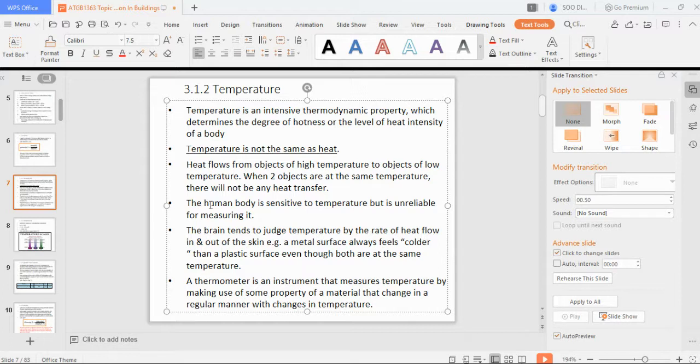We can only, through the contact of our skin, judge that this is hot or this is cold. So the measurement of heat based on our senses is very inaccurate. You always use a thermometer to measure how hot a surface is.